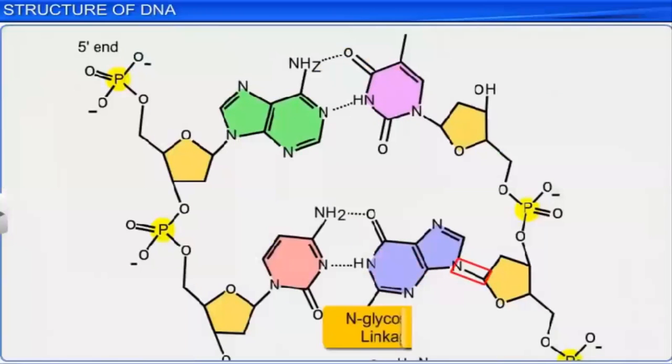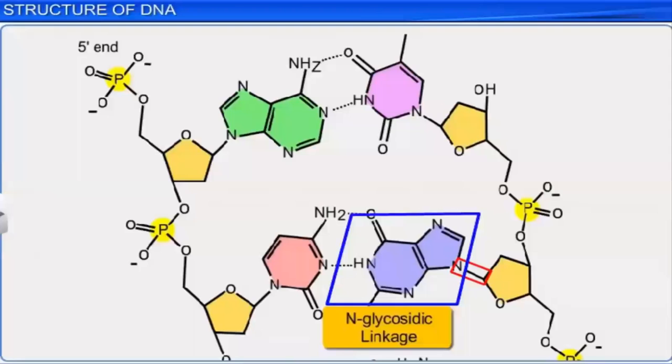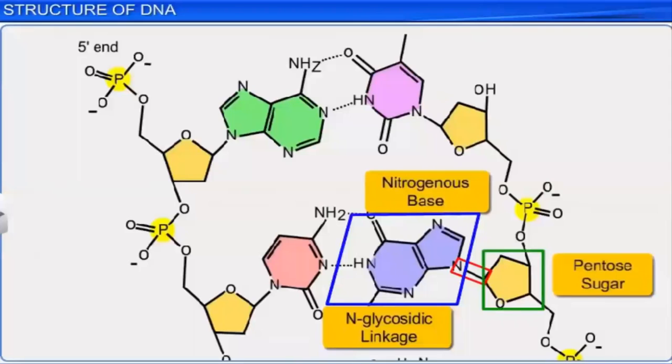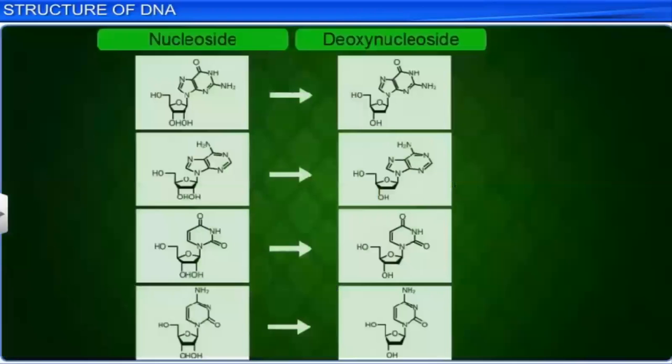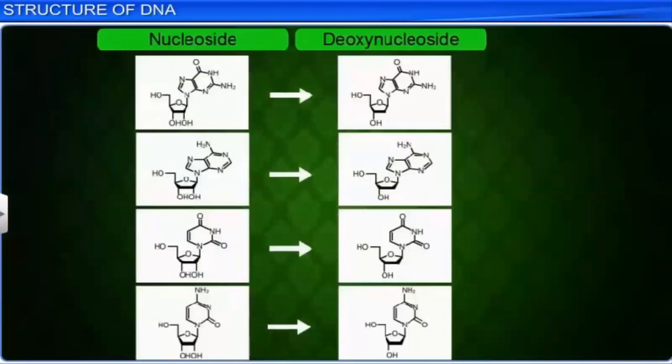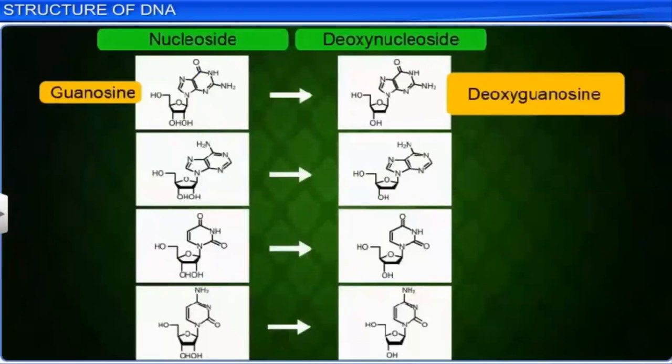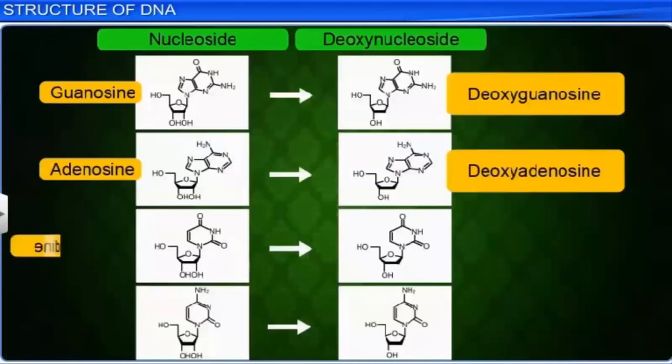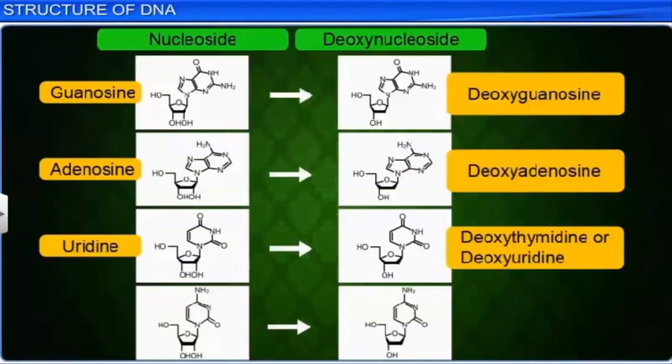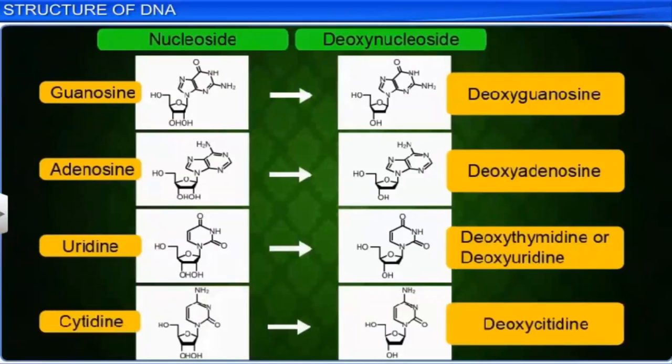Now, through an N-glycosidic linkage, a nitrogenous base is linked to the pentose sugar, forming a nucleoside, which can be guanosine or deoxyguanosine, adenosine or deoxyadenosine, uridine or deoxythymidine, and cytidine or deoxycytidine.